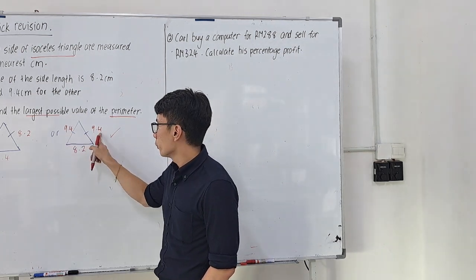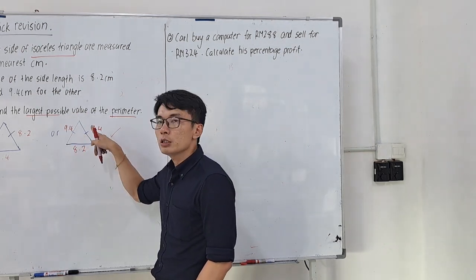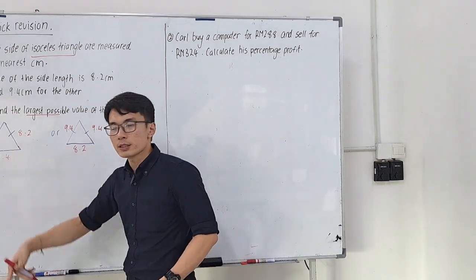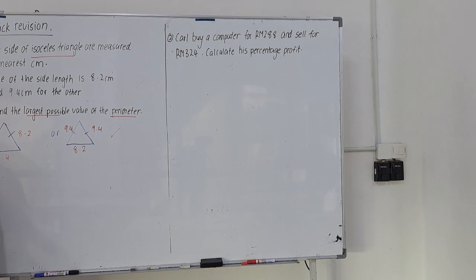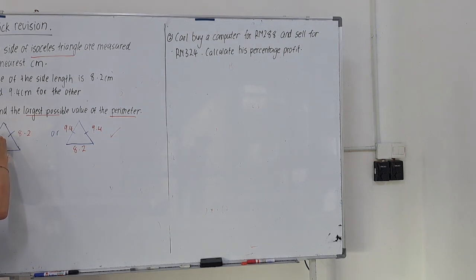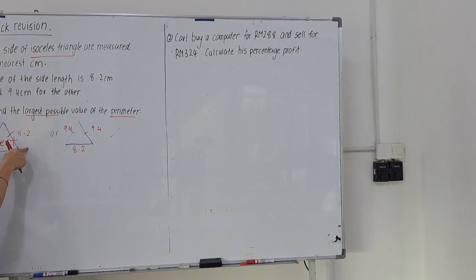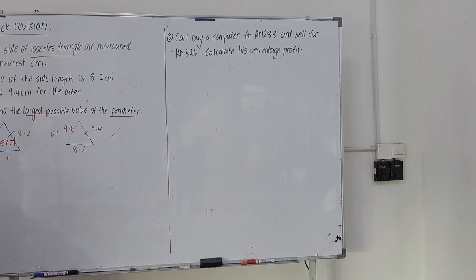If you add up these three, this perimeter will definitely be bigger than this. So for this isosceles triangle, we reject. Why do we do that? Because this will not give us the largest possible perimeter, as compared to this.